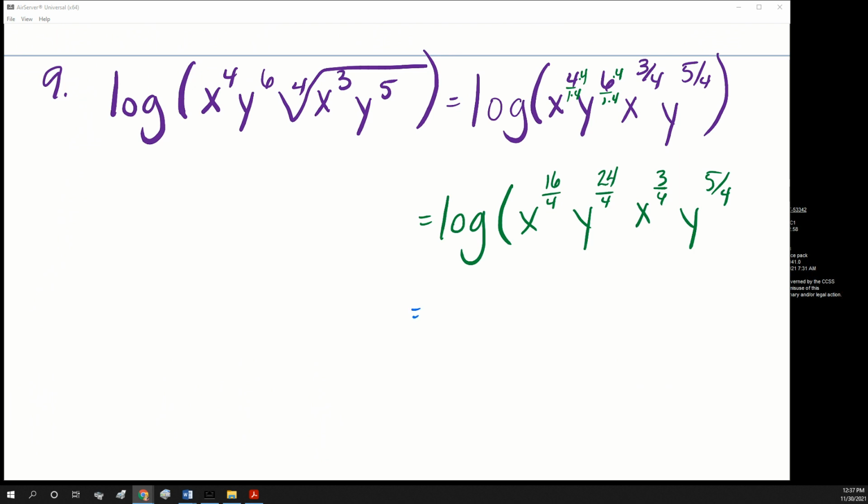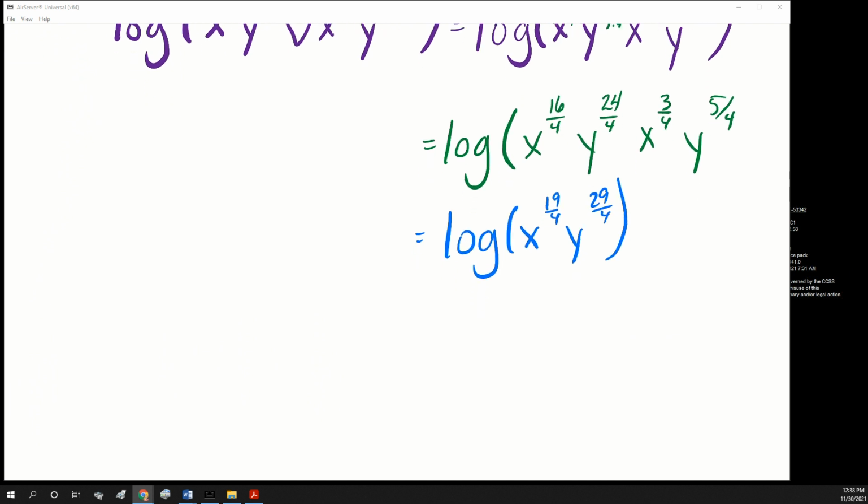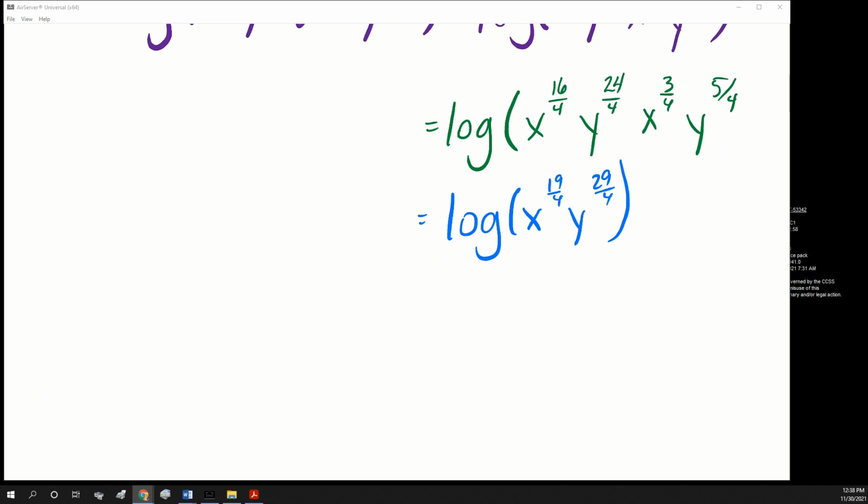All right, we're almost done. So this is going to be log, and then we'll add the exponents on the x's. Oh, don't forget your x. And then add the exponents on the y's. And then we're ready to use our properties finally. So these are the log of things multiplied.